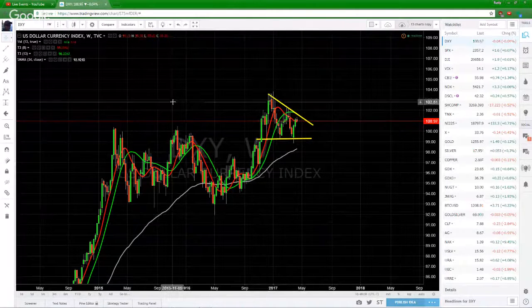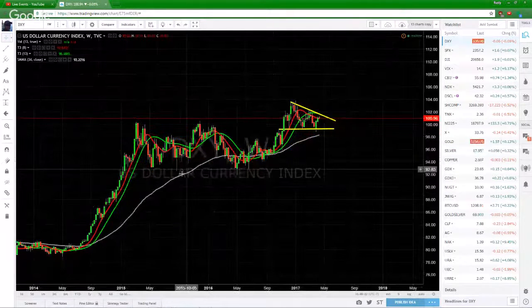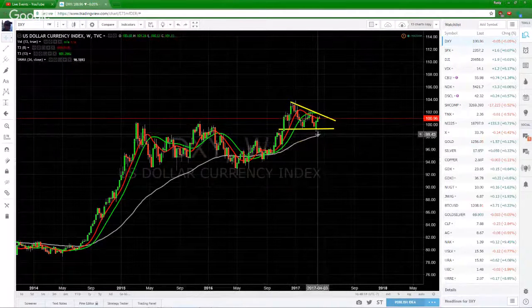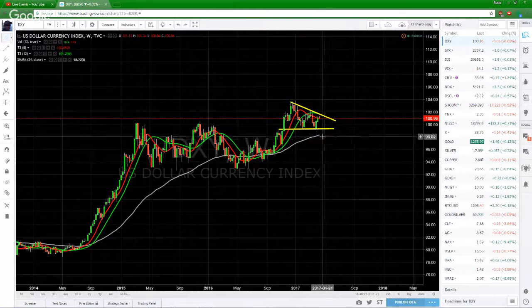I want to know on a long-term chart where I am. I want to make sure that on a long-term chart, I'm above the 34 if I'm going long. If I'm going short, then I want to be below.